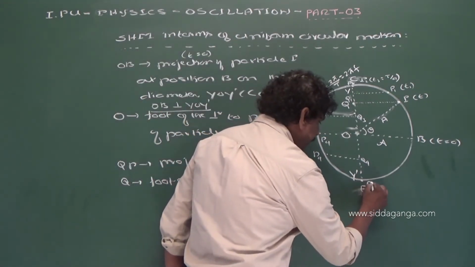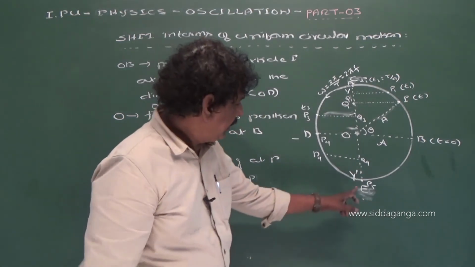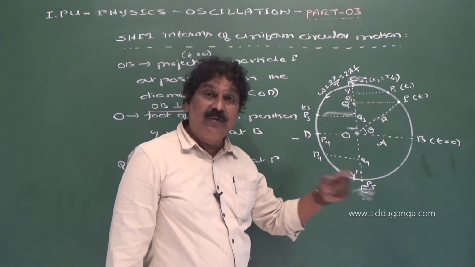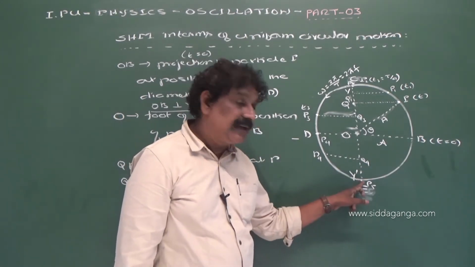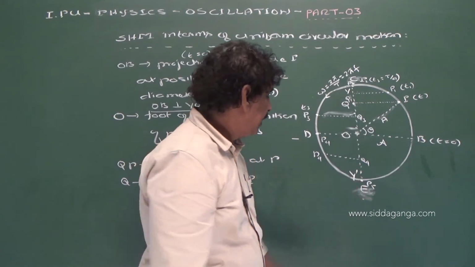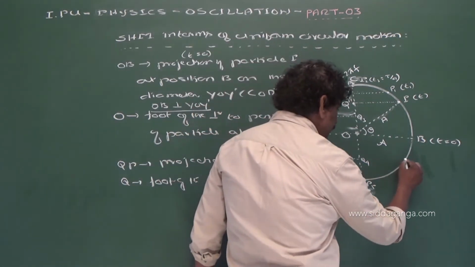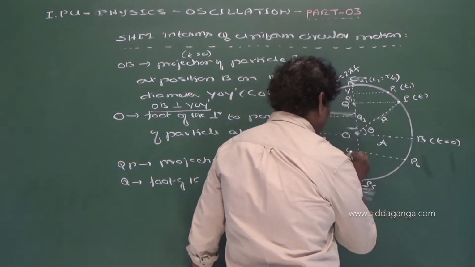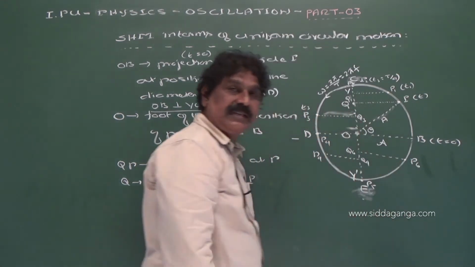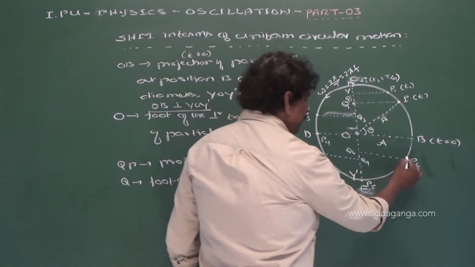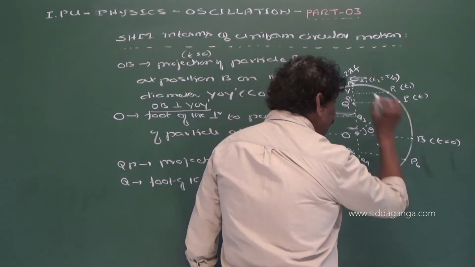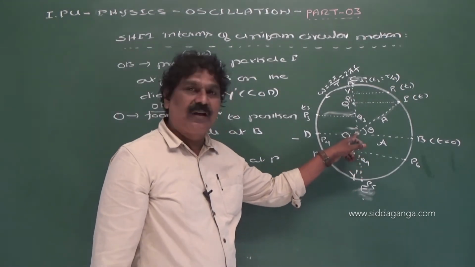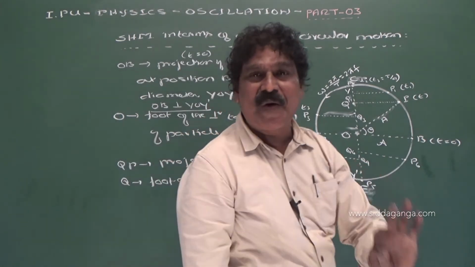Again, when it comes to the position P5, see here, the length of the projection becomes 0. Now, the foot of the perpendicular reaches the point E. Now, when it moves to position P6, now this is Q6. When the particle comes to B, again the foot of the perpendicular comes to O.